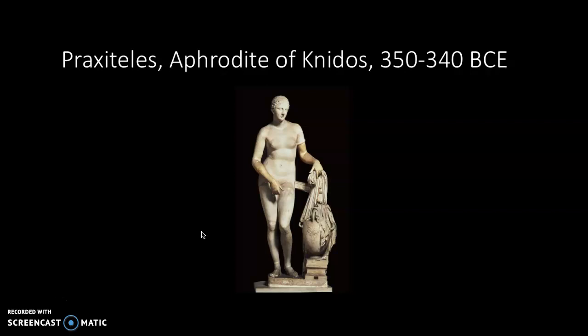But here we see Aphrodite in that very real moment. It makes her feel like one of us. It makes her feel relatable to see the goddess of love depicted in this very private, very everyday moment. It also emphasizes her sexuality, and that's the way we often think of Aphrodite today.